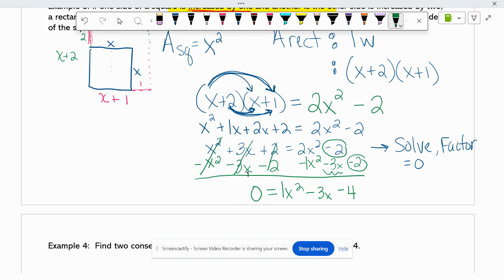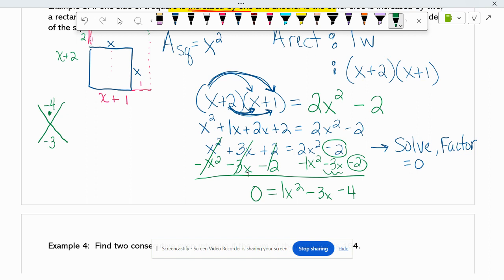So I'm looking for two numbers that when I multiply them together, I get a negative 4, and when I add them, I get a negative 3. I'm looking for a product of negative 4.